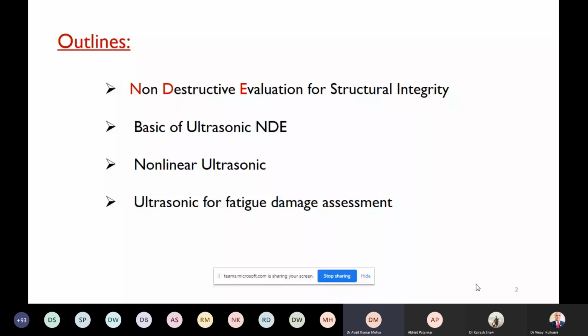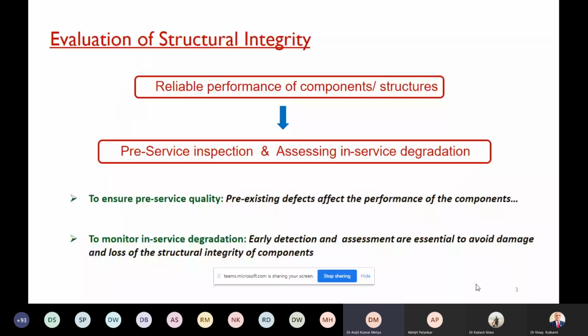So why is structural integrity so important? Because of the reliable performance of any components or structures in a plant. This is essential, because in-service inspection as well as assessing any in-service degradation of a material is very, very important for the safe running of the plant.